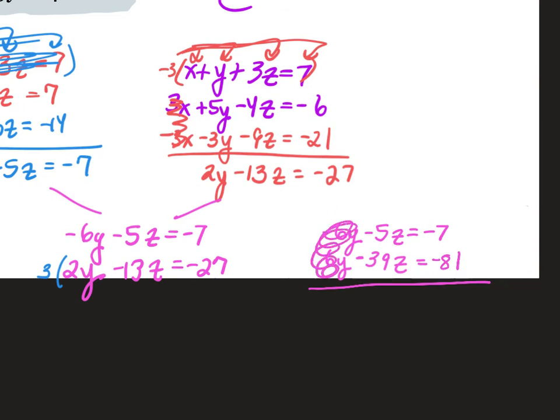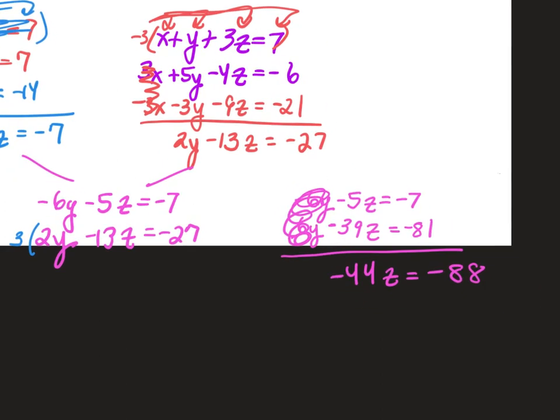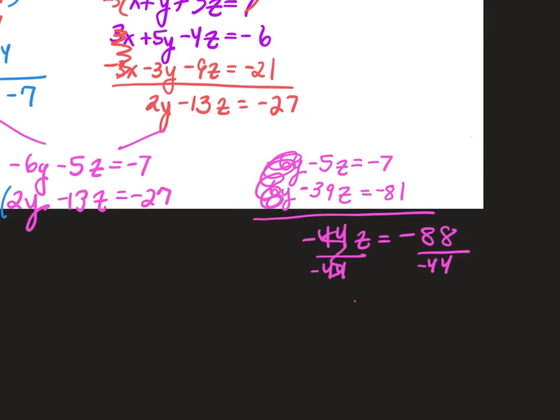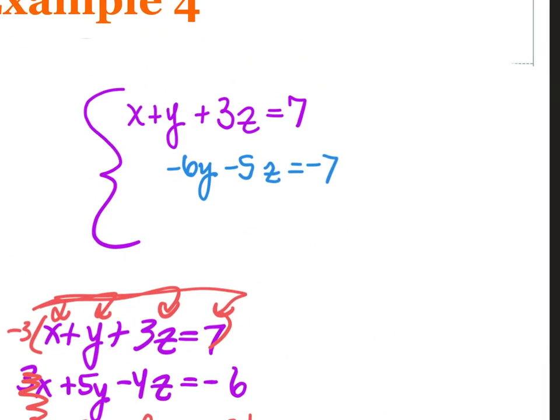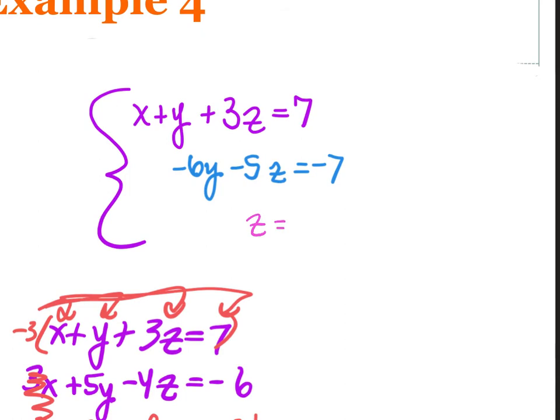Cancel. What's negative 39 and negative 5? Negative 44z equals, what's negative 7 and negative 81? Negative 88. So now I divide both sides by negative 44, and I get z equals positive 2. So I'm going to come up here and say z equals 2.